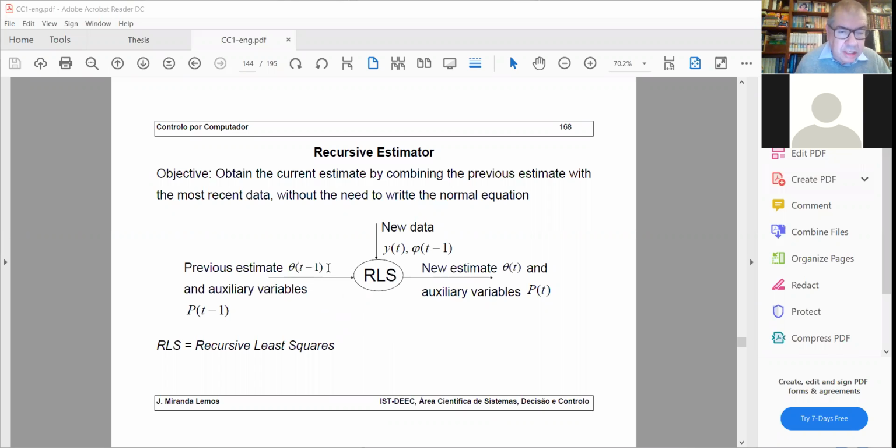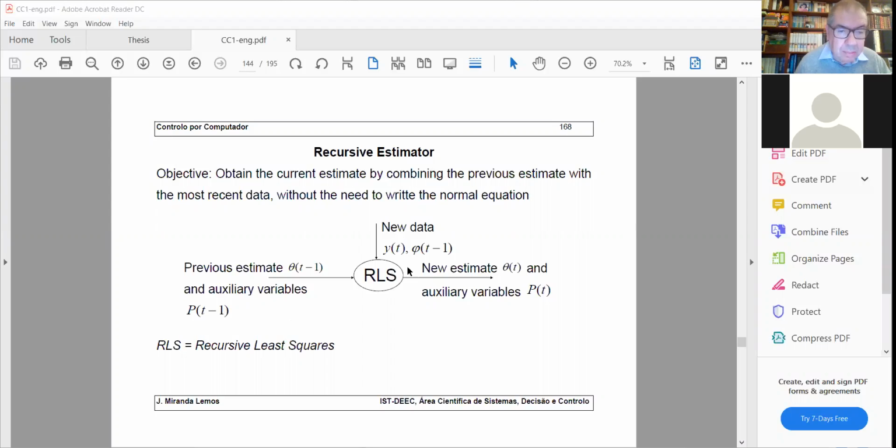Okay, t is discrete time, 1, 2, 3, etc. And you have a previous estimate at time t minus 1. And you also know a number of auxiliary variables at time t minus 1. And we are going to see that the only auxiliary variable that we need is the covariance matrix P.